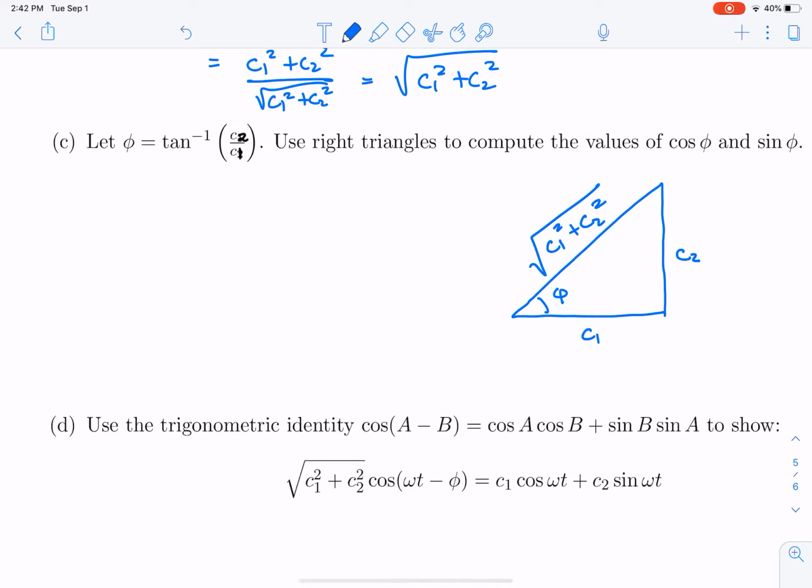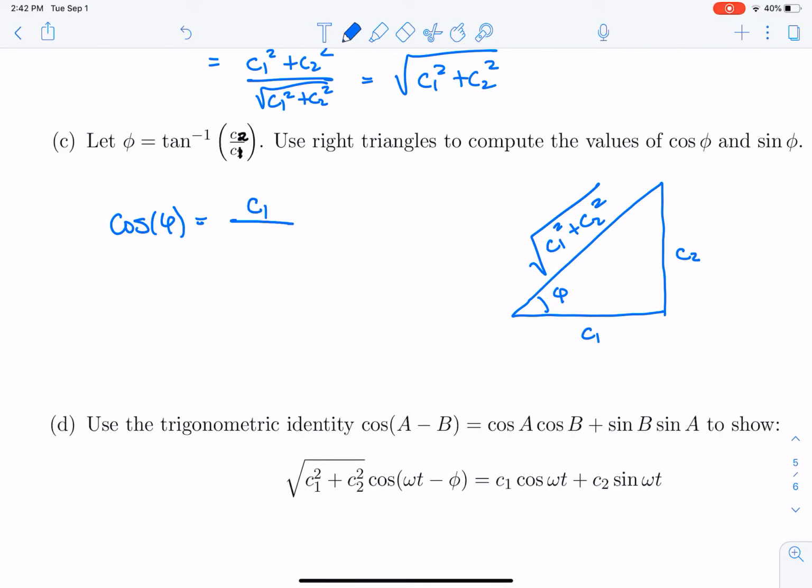So we again have that the cosine of phi is the adjacent side, C1, over the hypotenuse, the square root of C1 squared plus C2 squared, and the sine of phi is C2 over the square root of C1 squared plus C2 squared.